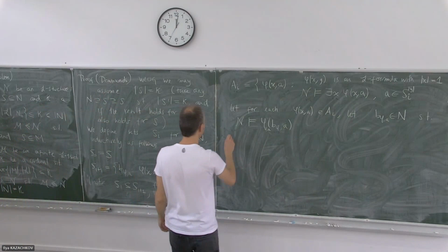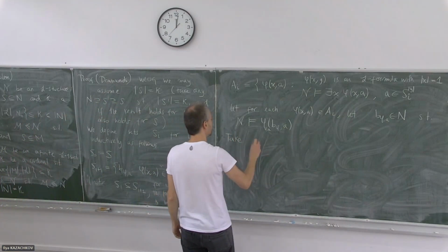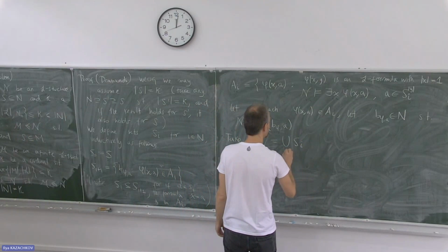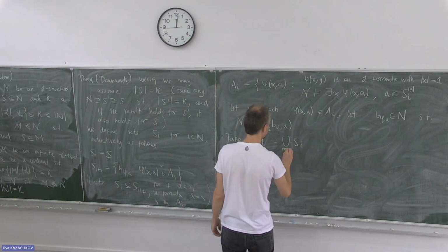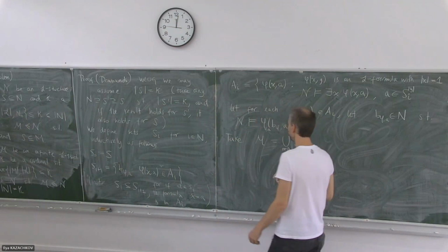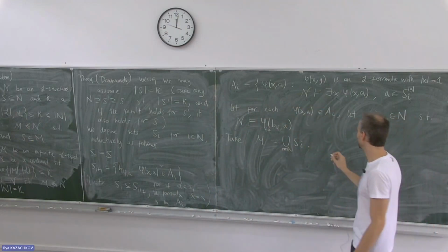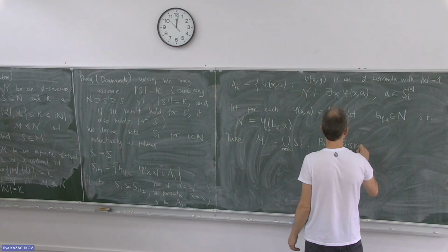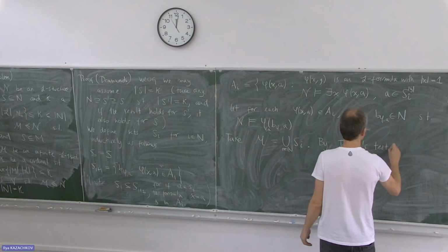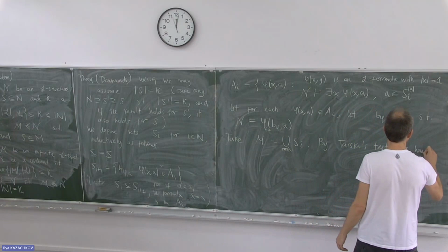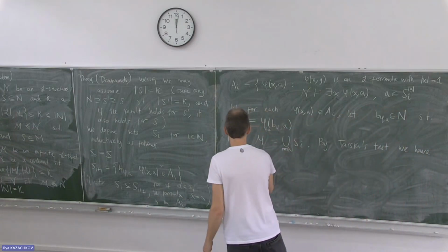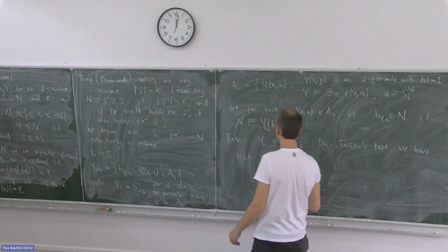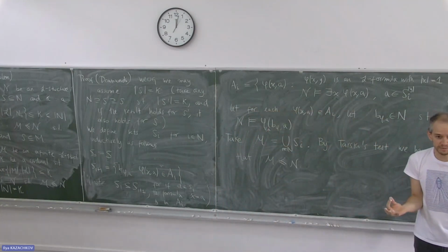Now take M to be the union of all S_i, right? Then by the Tarski test, we have that M is an elementary substructure of N, right? This is almost immediate by construction.